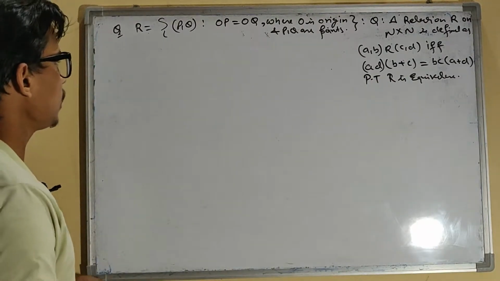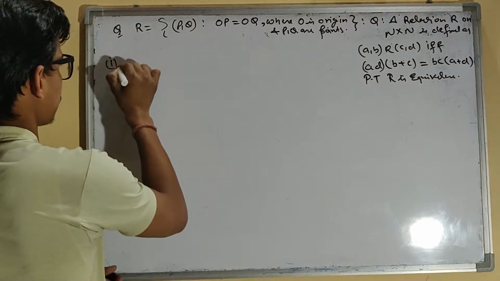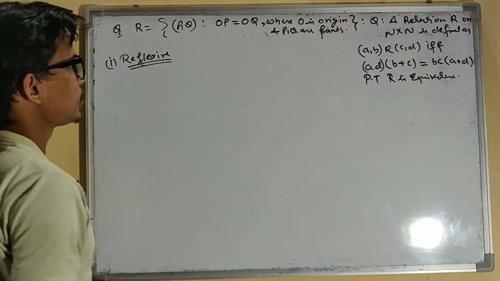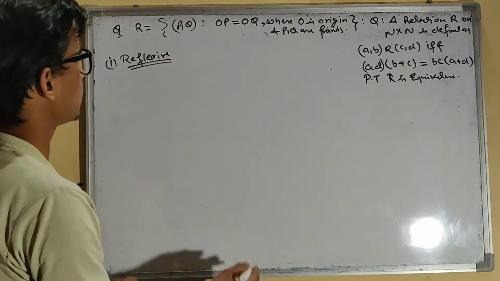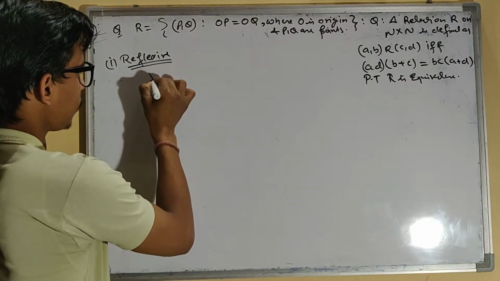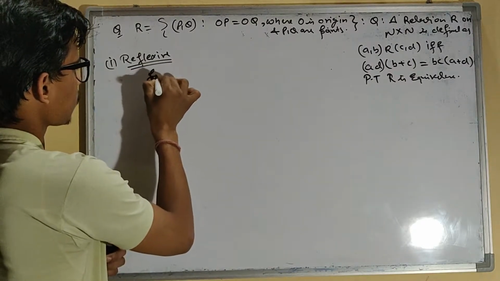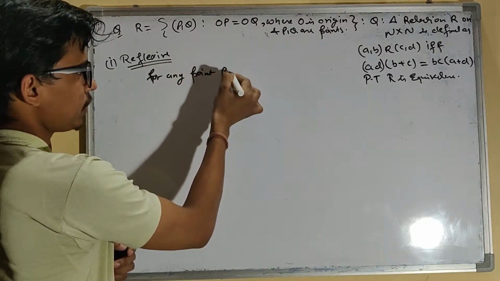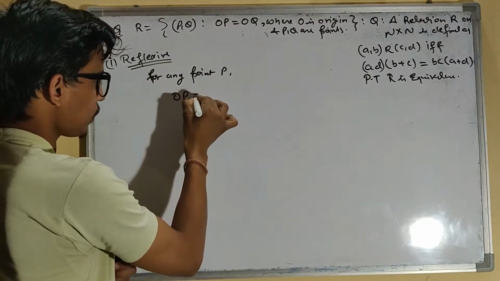So first of all, let's check reflexive. Consider any point, let's say P. Now, for any point P, OP equals OP. It is understood.